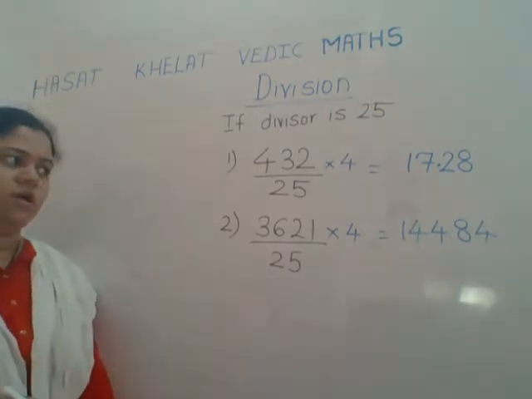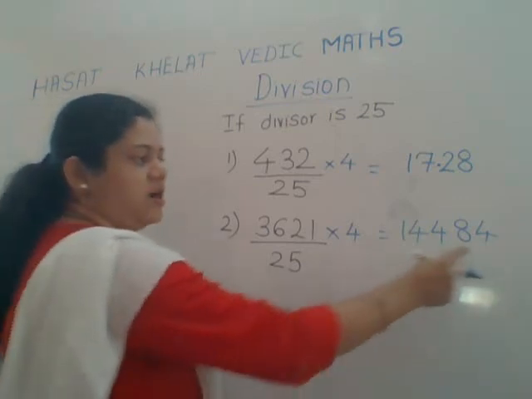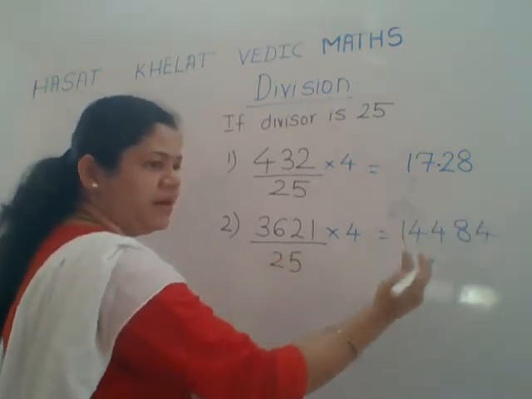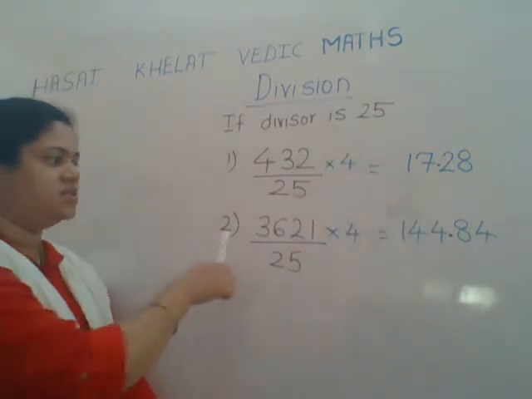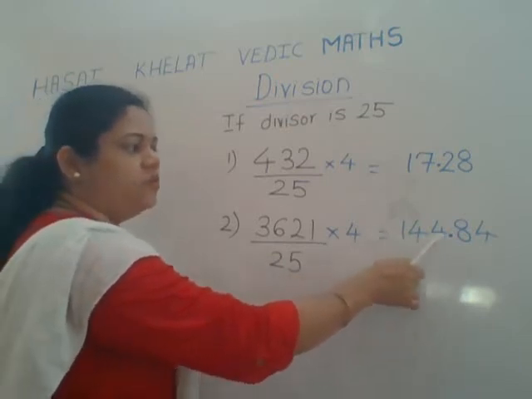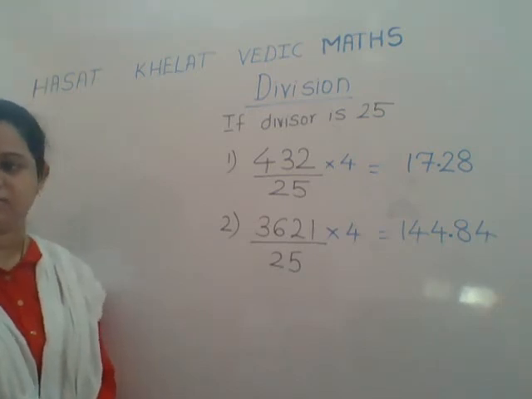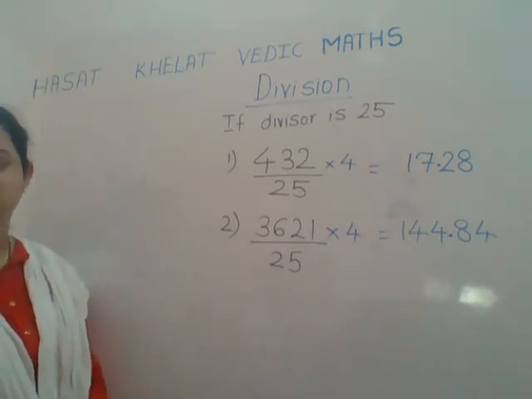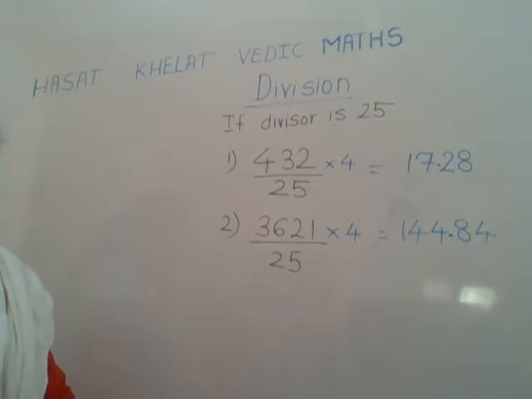What did I get? 14484. And where to put the decimal point? After two digits from the right-hand side. So our answer of 3621 divided by 25 is 144.84. This is our answer. Is it clear now? Yes, very good.